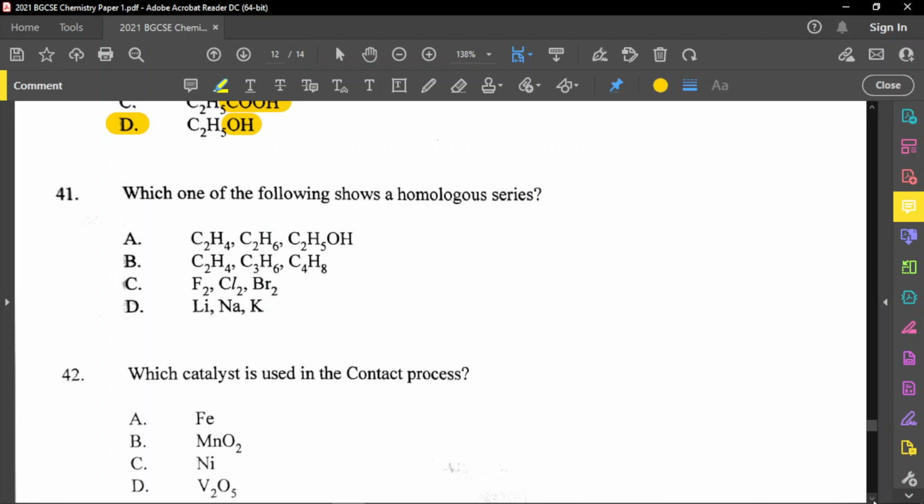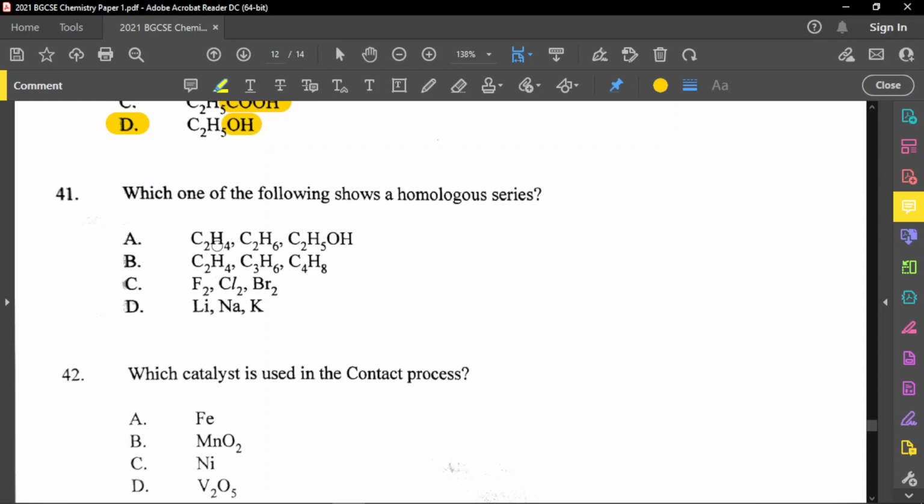That's what a homologous series is. So it's a group of chemical substances that vary from each other by a set ratio or pattern or number of atoms. So if we look at option A, it's not homologous for the fact that you have an OH right here that makes this different from the rest.